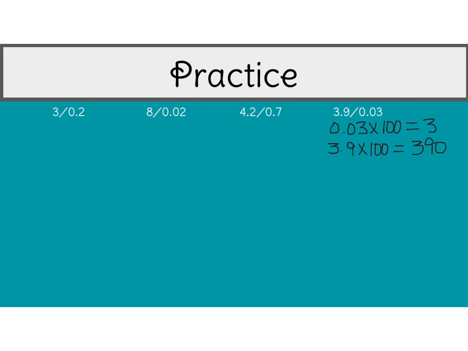So our new problem will be 390, if I can get my stylus to write here, divided by 3 equals 130. So 3 and 9/10ths divided by 0 and 3/100ths equals 130.